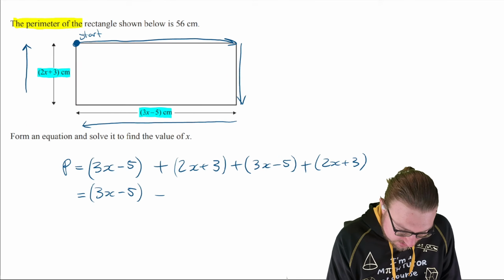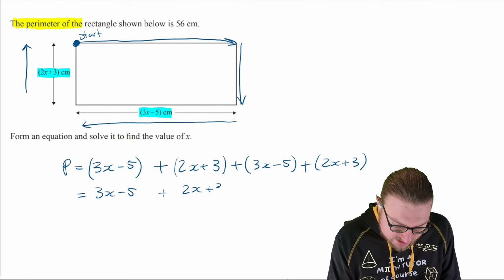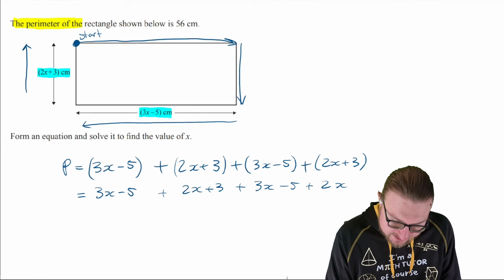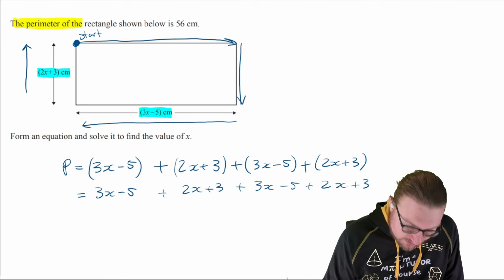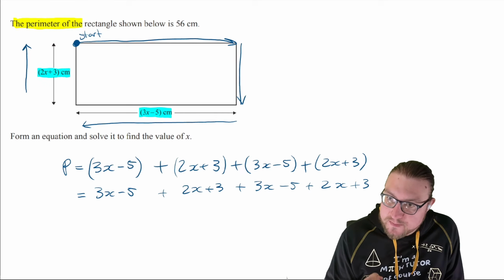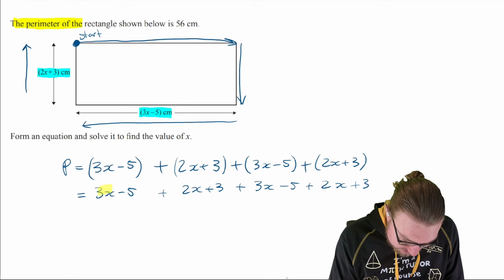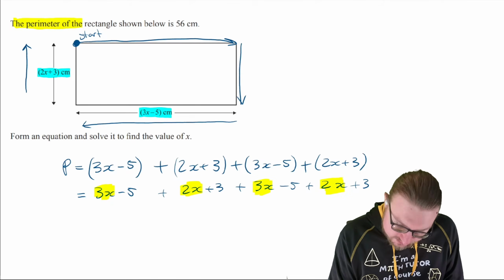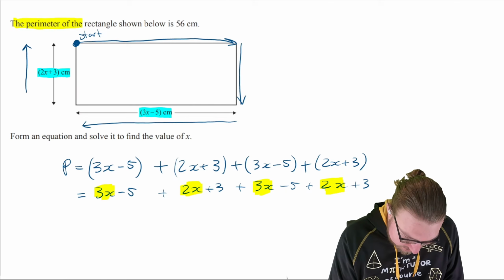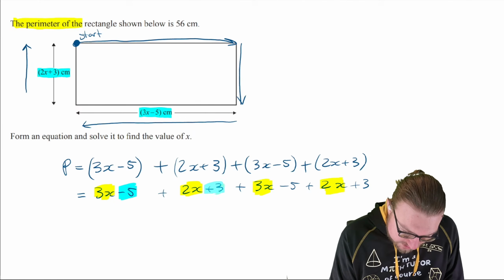So we can just get rid of all of our brackets, which is the next step that I recommend you guys doing. Always getting rid of the brackets first, because sometimes there can be some nasty negatives together. So what else do we have here now? If we want to solve this, remember in algebra there's like terms, so we're going to get 3x, 2x, 3x, 2x, and then we're going to have our numbers that don't have an x.